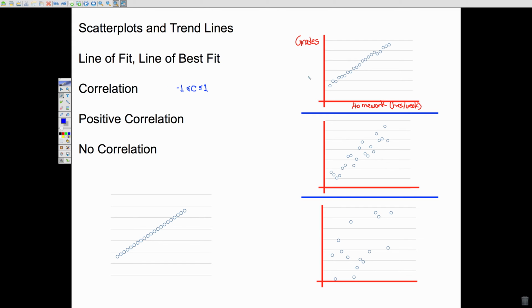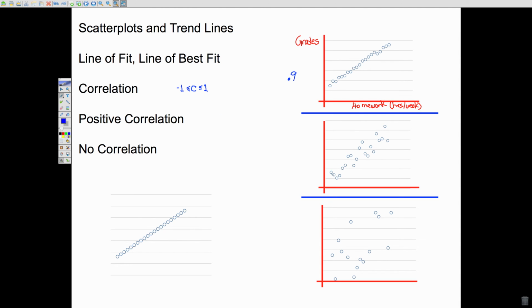As an example, a data set such as this is a positive correlation, so the correlation number is going to be positive. And since this is a good correlation, the correlation is going to be very close to 1. In this case, the correlation might be about 0.9.